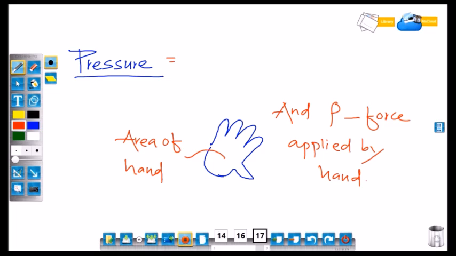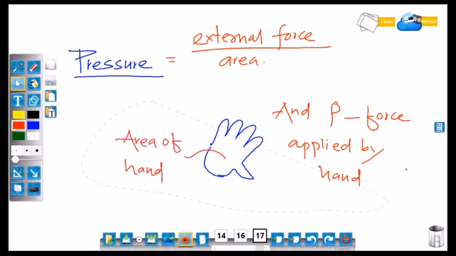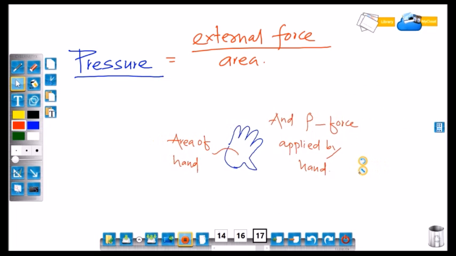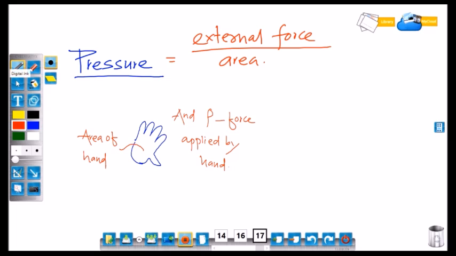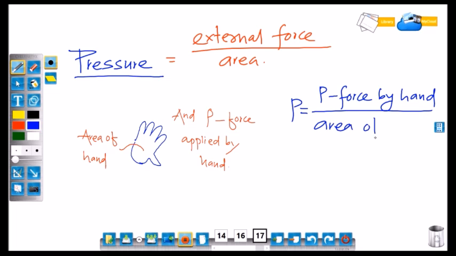So pressure will be the external force, that is the force applied by you, and the area, that is the area of your hand, that is you are applying pressure on the door. So P is equal to the force by your hand per unit area of your hand.